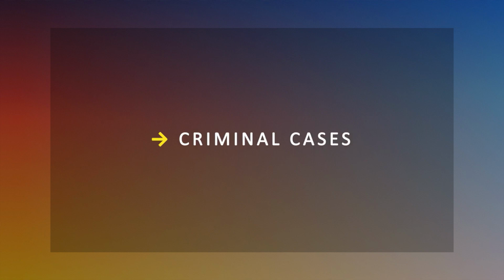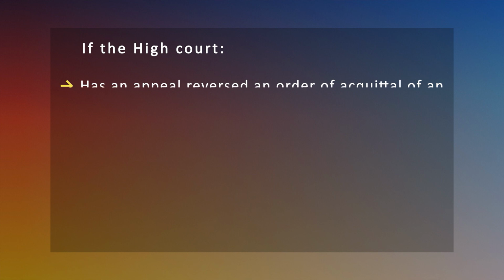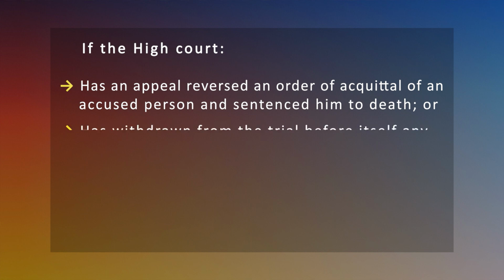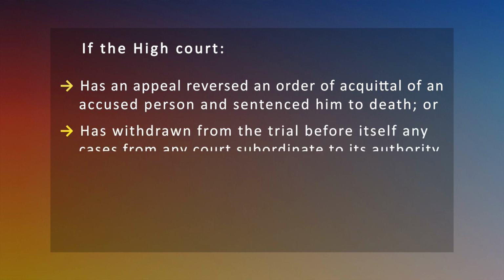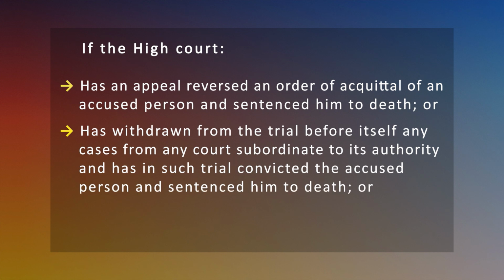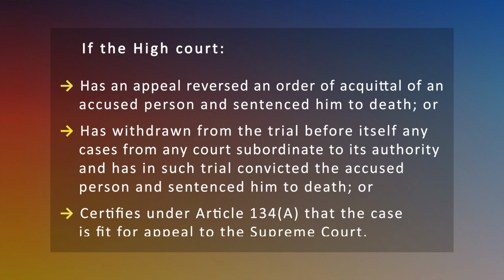Now coming to criminal cases. In criminal cases, as mentioned in Article 134, there can be an appeal from any judgment, final order or sentence given by the High Court if the High Court has on appeal reversed an order of acquittal of an accused person and sentenced him to death, or has withdrawn for trial before itself any case from any court subordinate to its authority and has in such trial convicted the accused person and sentenced him to death, or certifies under Article 134 Clause A that the case is fit for appeal to the Supreme Court.